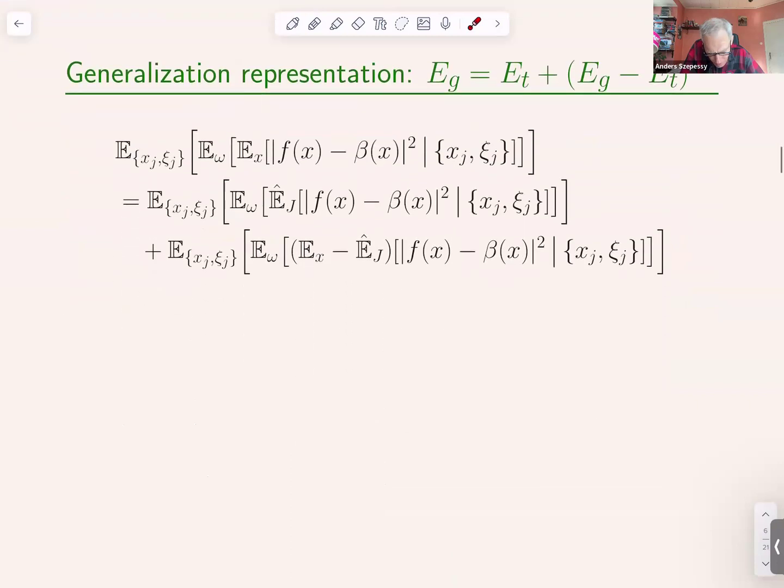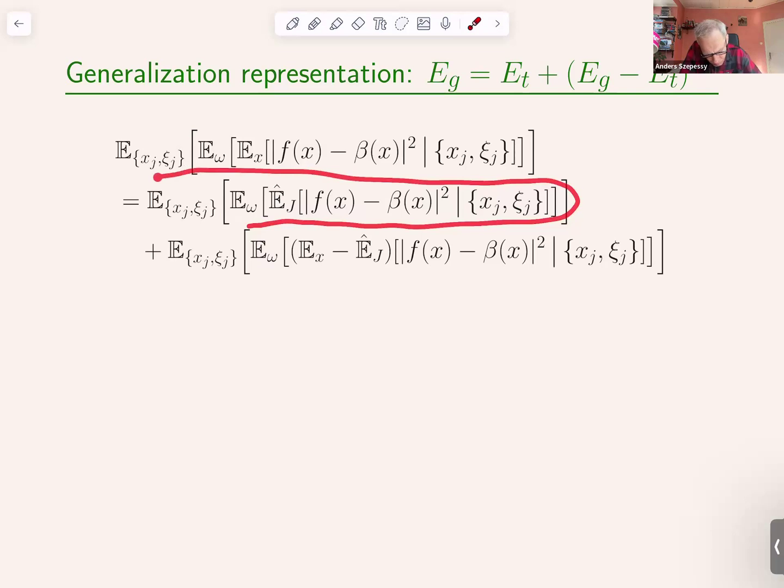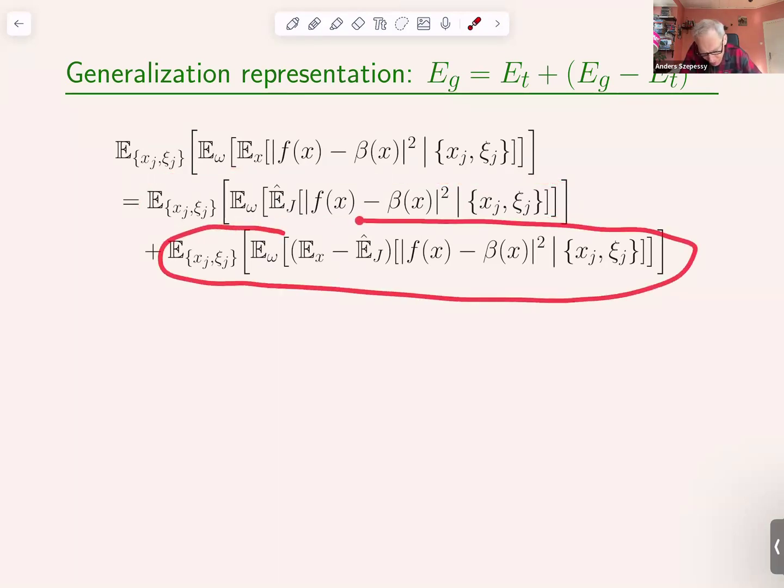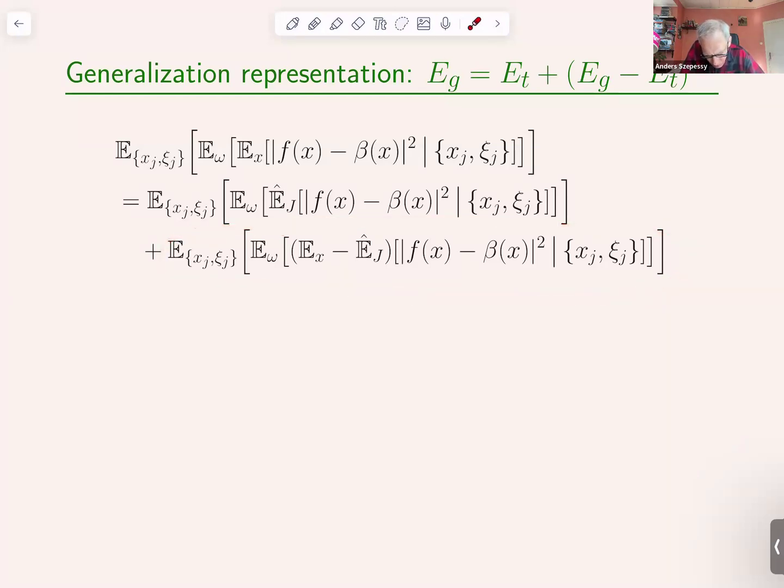Okay, so here we have the training error. And here we have the difference of the training error and the generalization error. So clearly we want the training error to be small, and then we will try to use the relation here to estimate the second term.